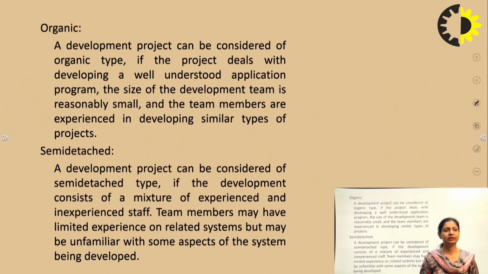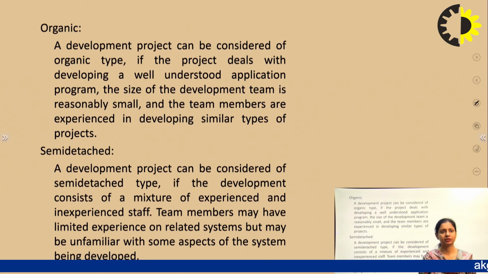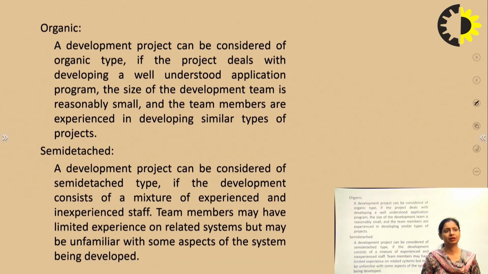It is not that we are developing very large projects when we are working with the organic mode. So organic mode talks about, number one, the size of the development team being small. Number two, the application programs are clearly defined or clearly understood. And number three, the team members are experienced in developing similar types of projects.